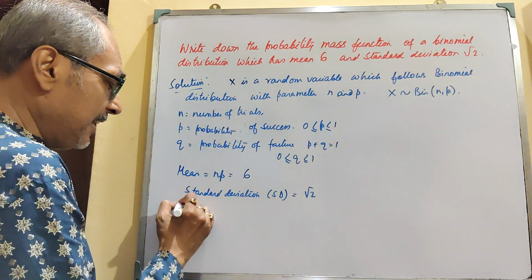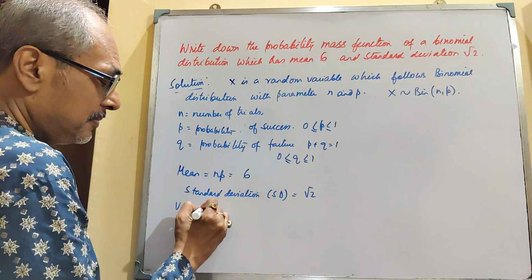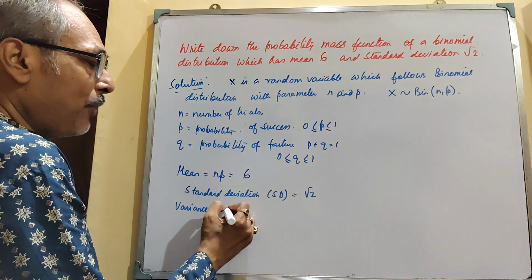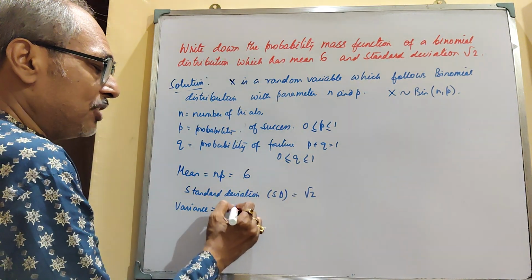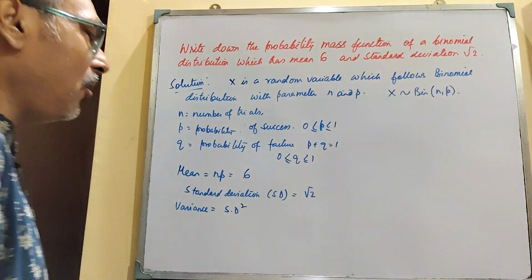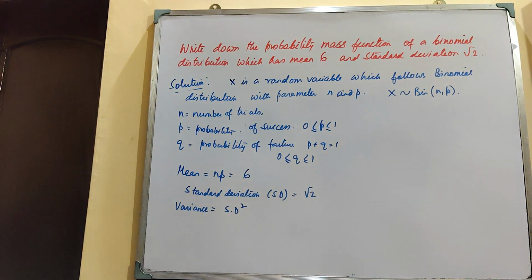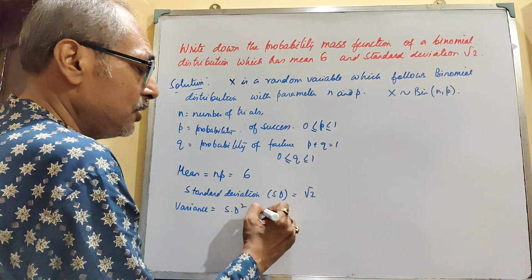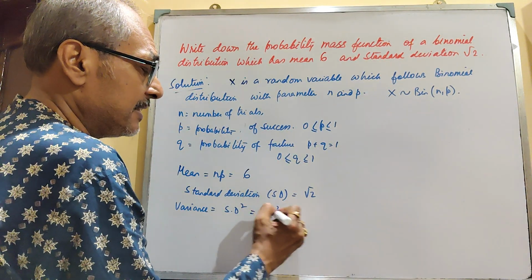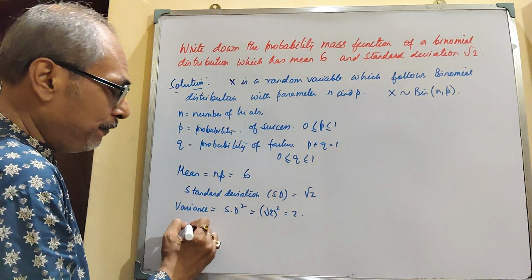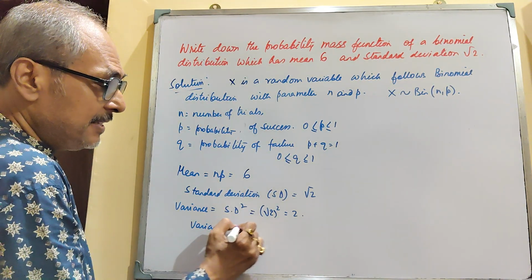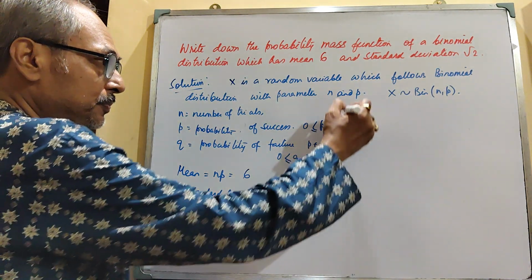We know variance is the square of the standard deviation, that is SD squared, or SD is the positive square root of variance. Therefore, variance is root 2 squared, which becomes 2. Now, the formula for variance is npq.